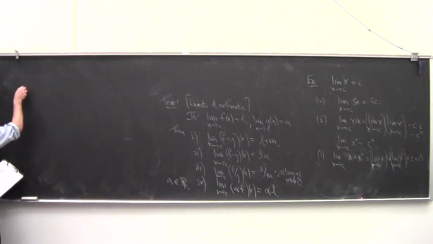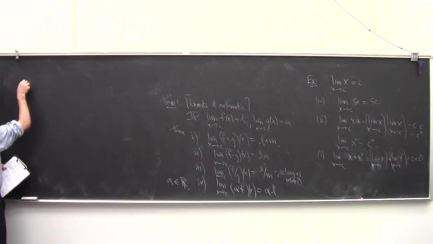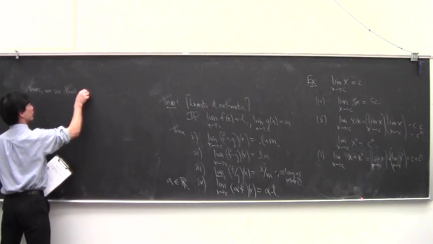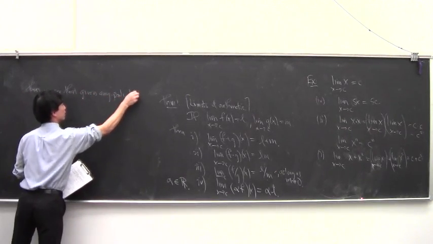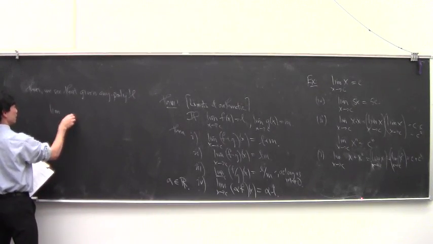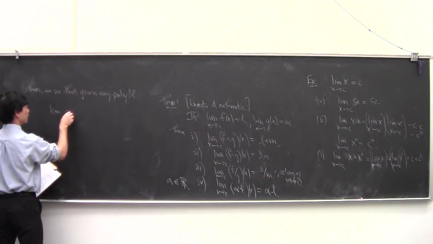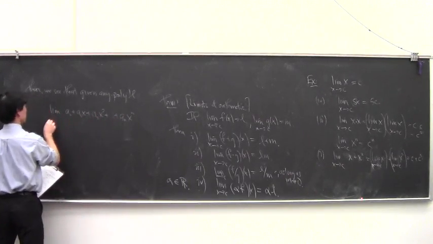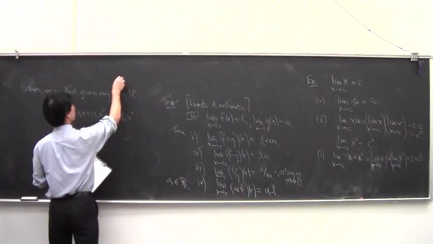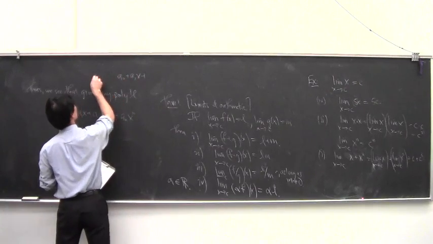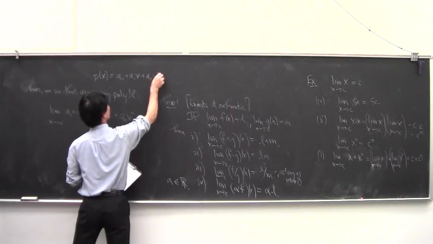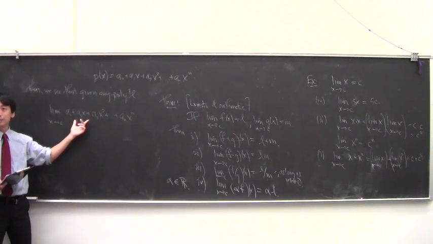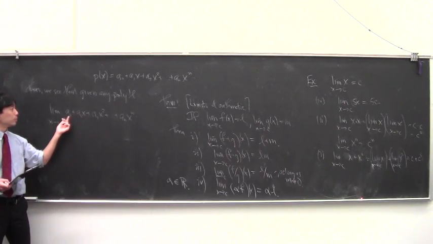And so what you see is that, given any polynomial a naught plus a1 x plus a2 x squared plus up to a n x to the n, what's the limit of the polynomial as x goes to c?